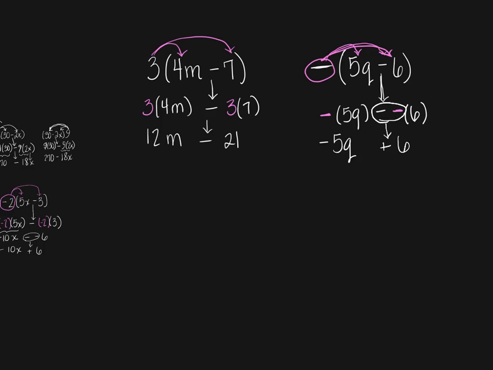All right, I'd like you on your own. You should have all of these steps. You should have one where you show me exactly what you're distributing, and then you can simplify. All right. Let's do number 1. 2 times the quantity 3 minus 7t.